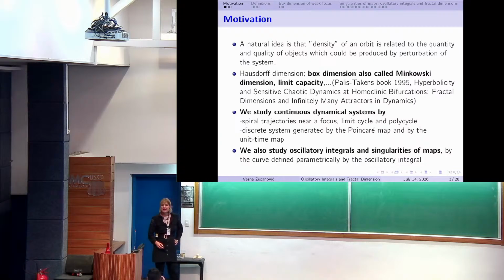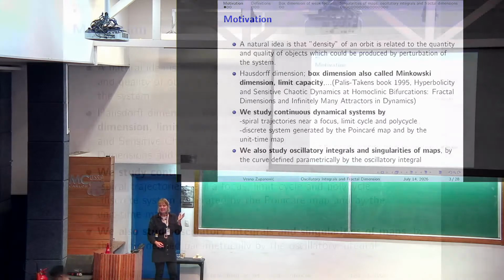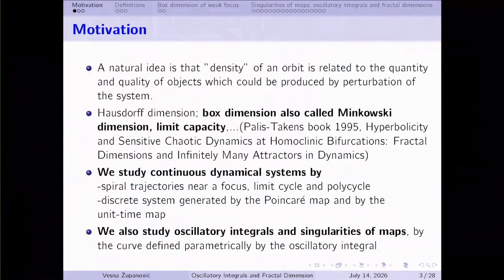I already said that the motivation comes from dynamical systems and from the book of Claude Tricot. He says that smooth curves are also fractal objects. If you have, for example, a spiral with infinite length accumulating at one point, by integral you will obtain that the length is infinite.